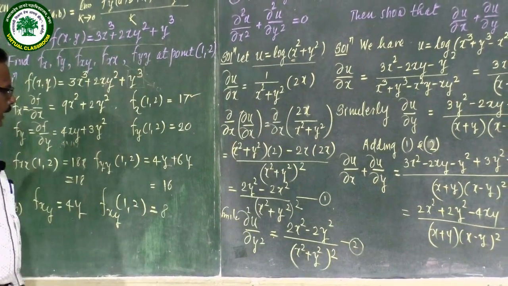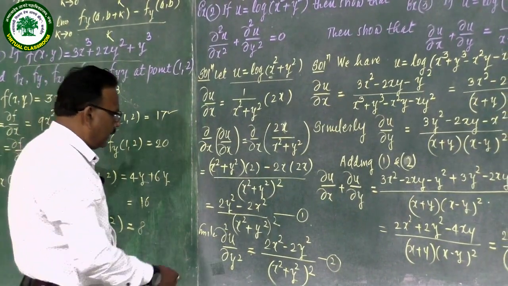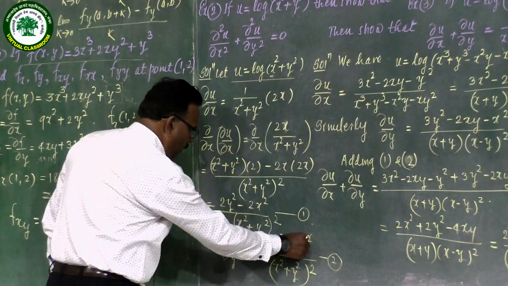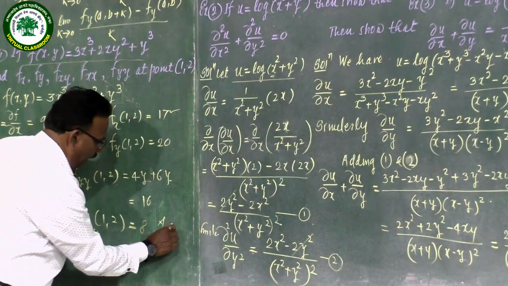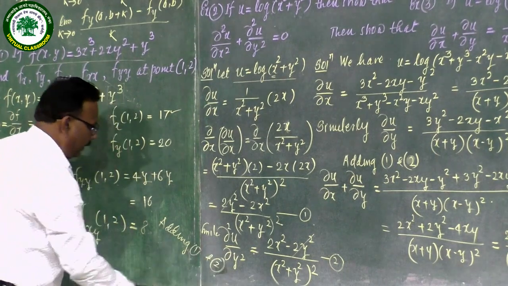And after taking the addition of these two, see what will happen here. 2y square is there, minus 2y square gets cancelled with each other. That means adding 1 and 2, what will happen?